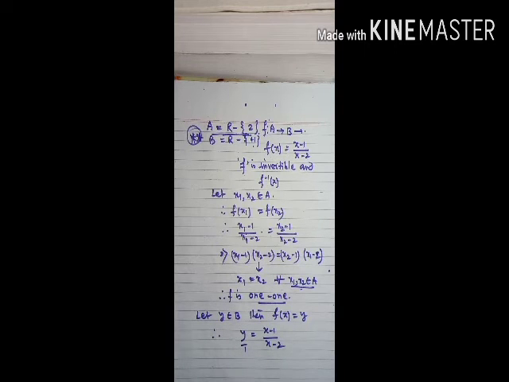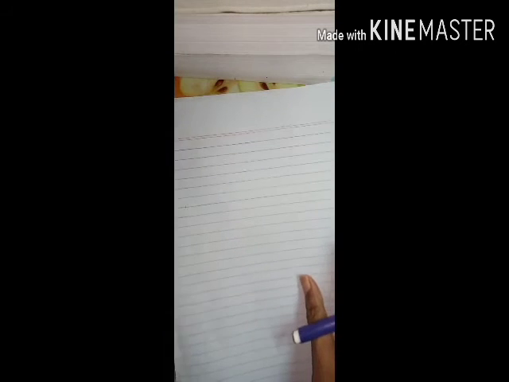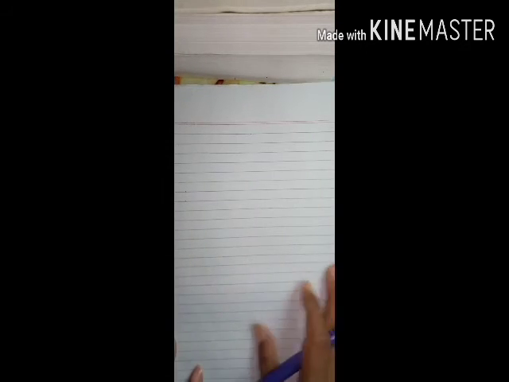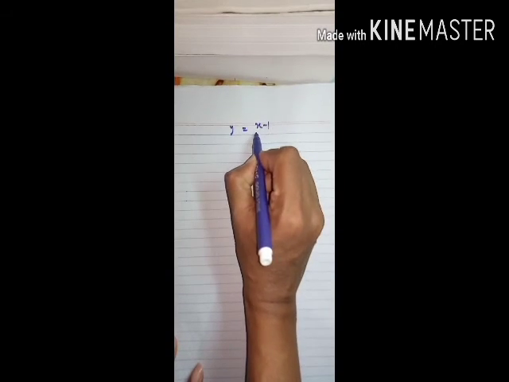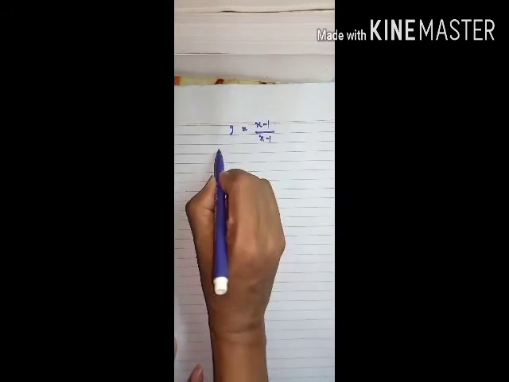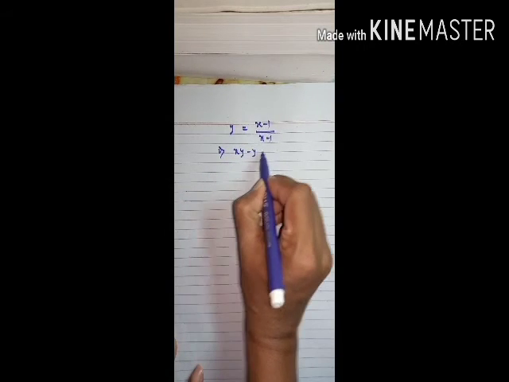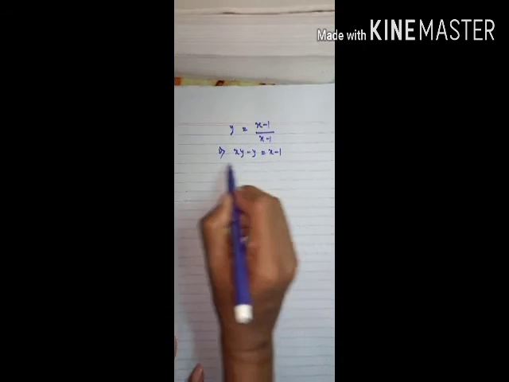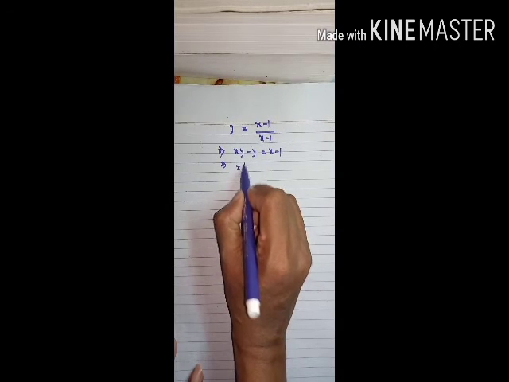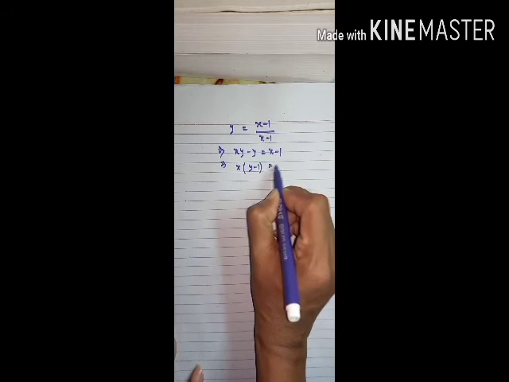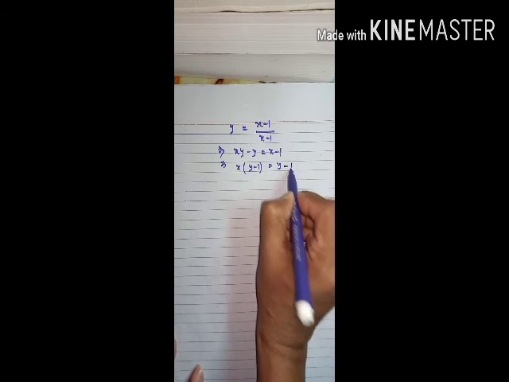We get xy minus y equal to x minus 1. On one side you take x, to find the value of x.